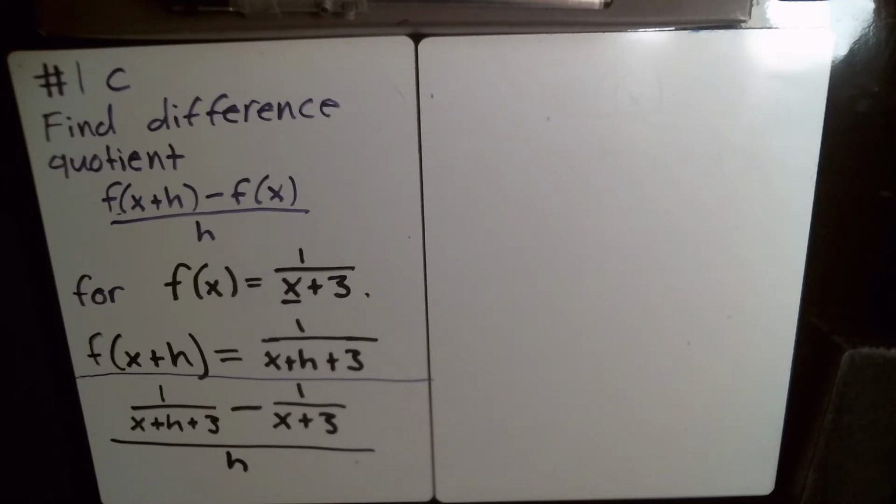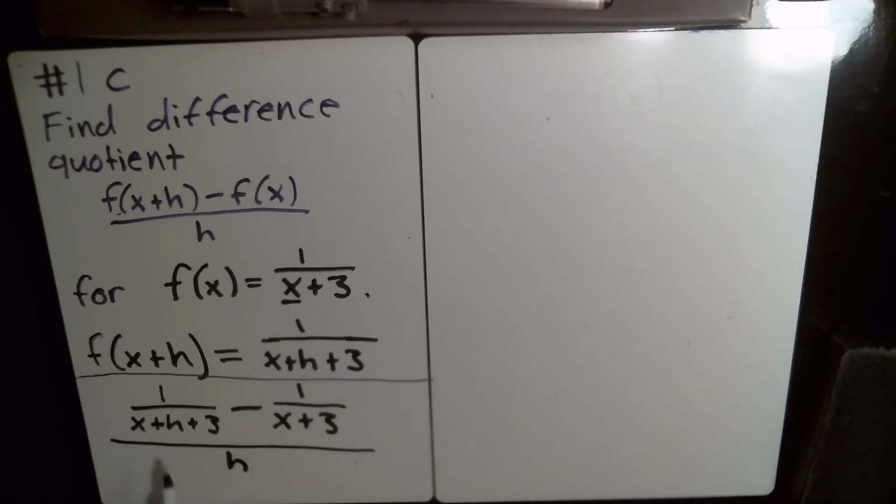This is kind of a tricky one, but let's make one fraction in the top. We'll combine these two fractions up top to make it a little bit simpler. So I've got 1 over x plus h plus 3, and then minus 1 over x plus 3.